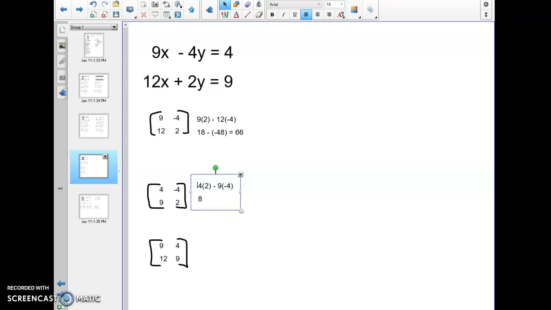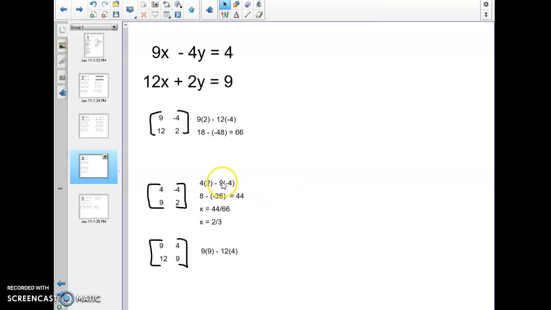And we're going to get 8 minus a negative 36, and that equals 44. Whoops, I'm sorry, I jumped the gun here. This would be x equals 44 over 66, or x equals 2/3.